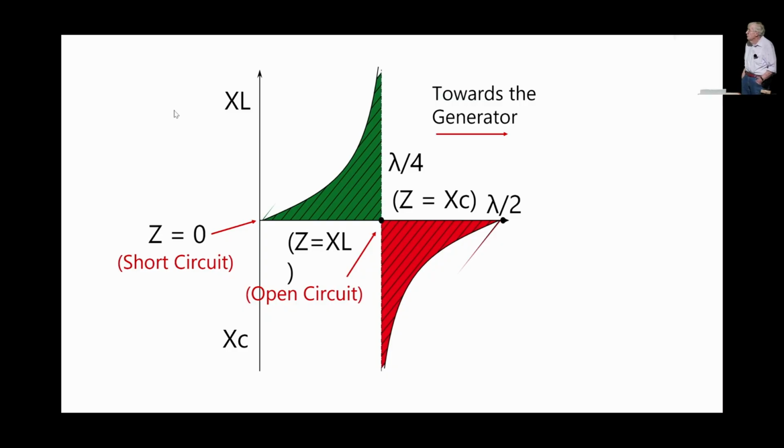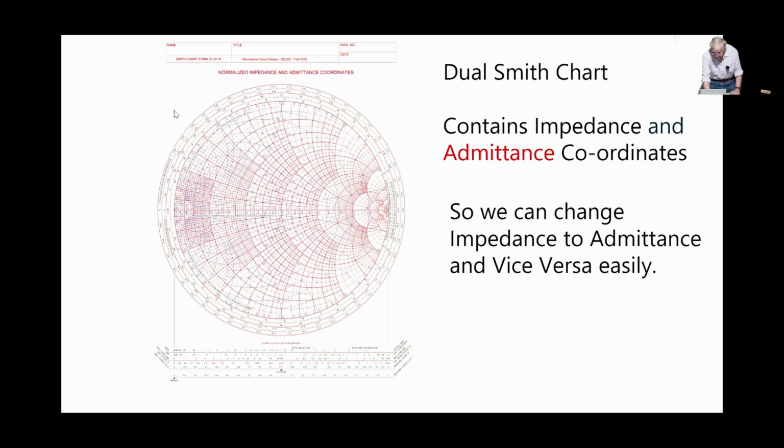So quarter wave from the short circuit, we've got an open circuit, and then another quarter wave, we've got the same impedance again. And those shaded areas are the reactances that you can generate. And of course, some of those are practical and some of them are not. Of course, I'm choosing the ones that are practical.